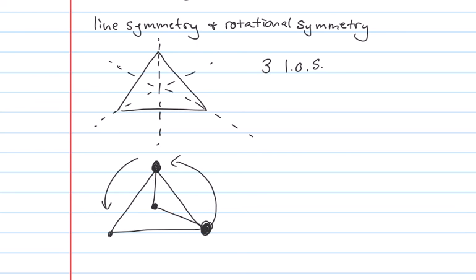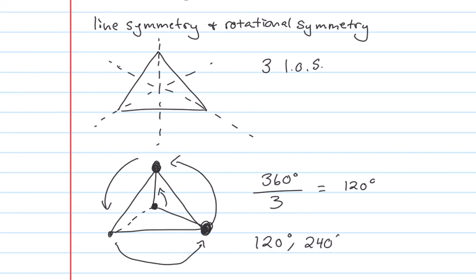What I end up doing is kind of splitting a circle. Think of this circle into 3. So I know there's 360 degrees divided by 3 angles that are created. That's 120 degrees. So I know that it has rotational symmetry for 120 degrees, 240 degrees, adding another 120, and then all the way to 360, which you don't need to put. Everything has 360 degrees of rotational symmetry.